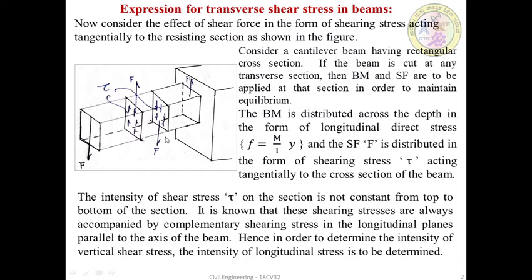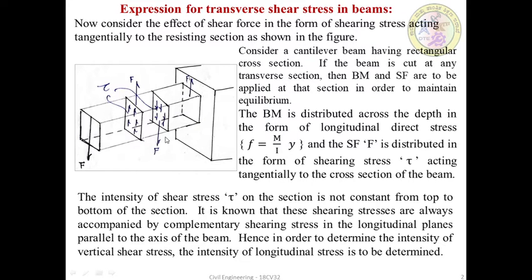So we know that when the beam is subjected to external loading, the bending moment and shear force will vary across the cross section. Also, we know that the bending stress acts longitudinally along the linear axis and its intensity is directly proportional to the distance from the neutral axis.